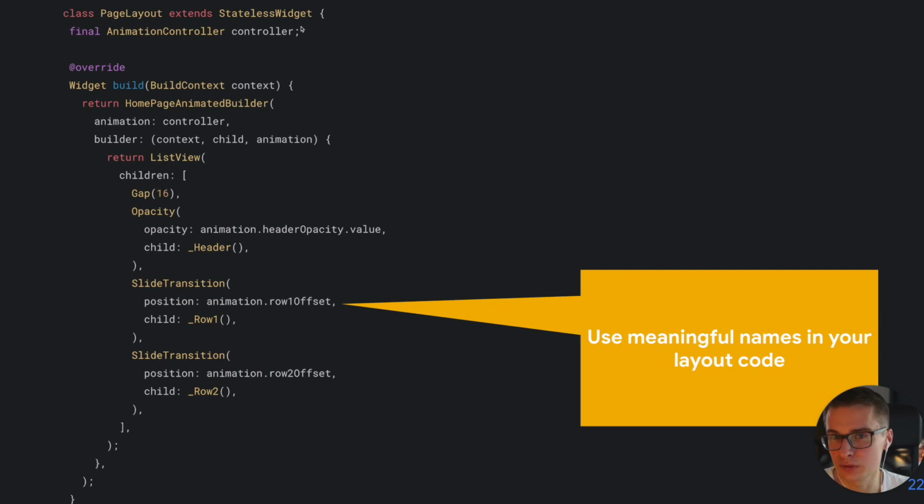You still need to provide the animation controller from somewhere, so I just pass it from the upper widget, and here I have my HomePageAnimatedBuilder. What I do here is that I can access the animation properties in my builder. So here I access animation.headerOpacity.value. Then for the opacity and for the slide transition, I can just pass the animation. So I just pass animation.row1Offset, and so on and so forth.